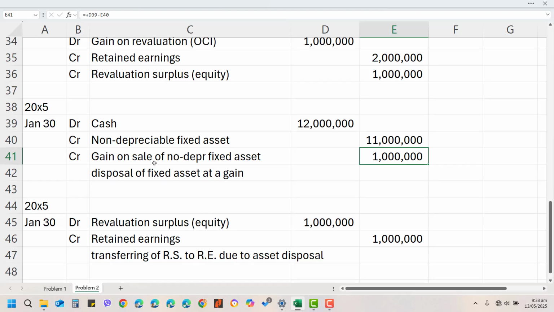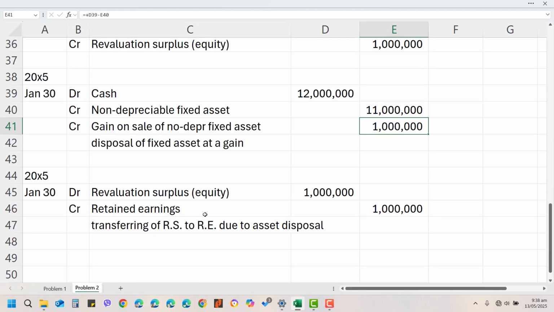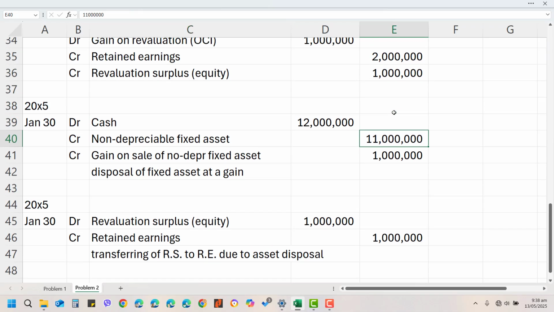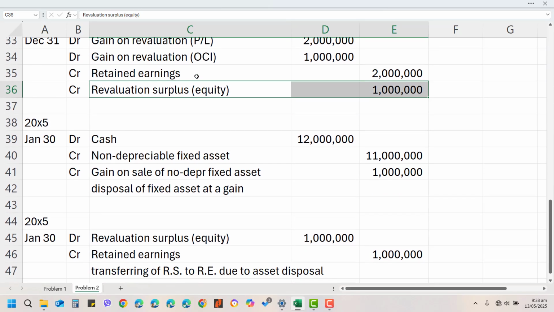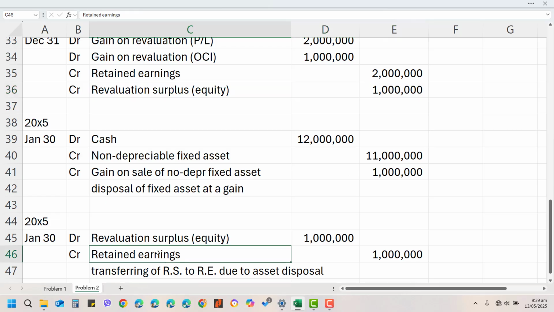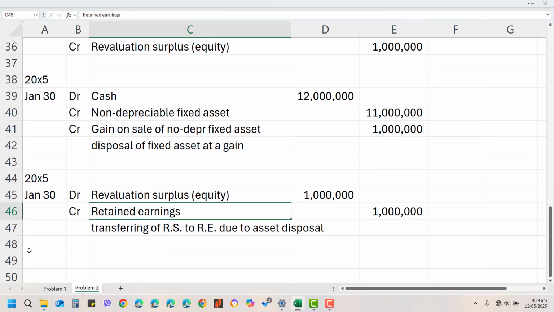And this asset, as you can notice here, still has an existing revaluation surplus. So you need to remove that revaluation surplus that you have on this asset. Which means any revaluation surplus related to the asset that you're disposing, you remove that in your recording, and then you transfer that to retained earnings.